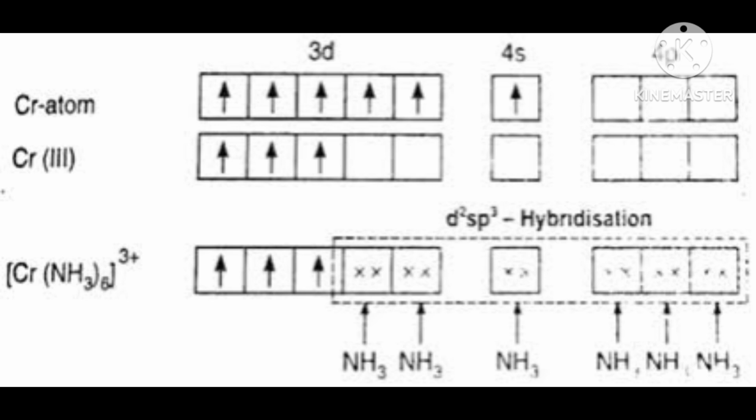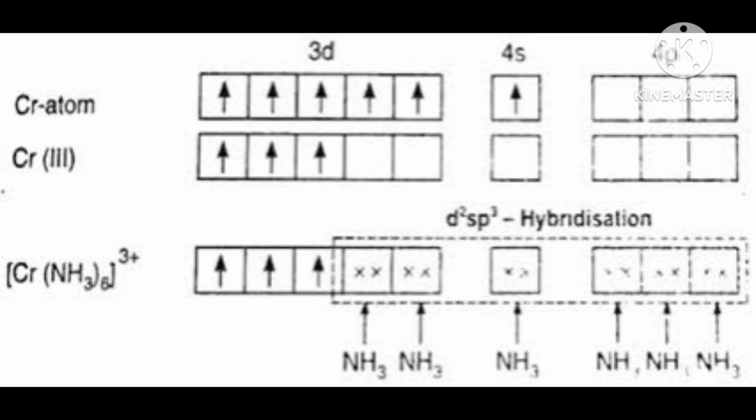Then what will happen? sp3d2, total 6. Now 6 orbitals are given, 6 F have given a lone pair of electrons. Then over the whole complex you can see that in the hybridized orbitals all are filled, fully filled, but 3d has 4 electrons.